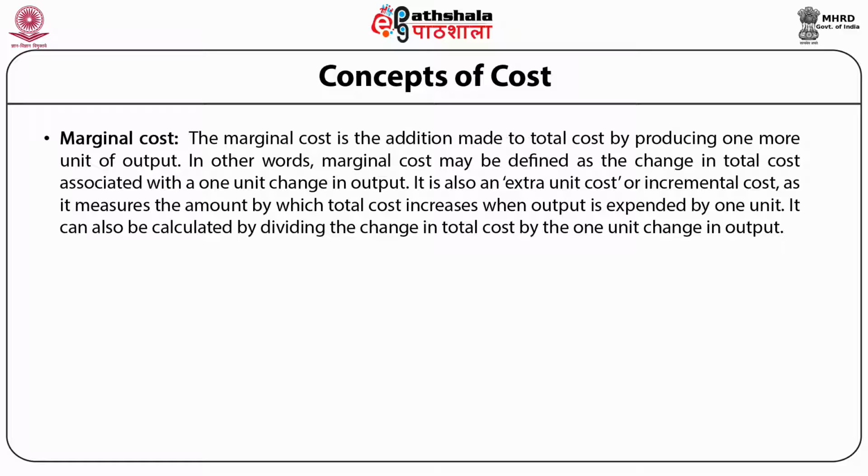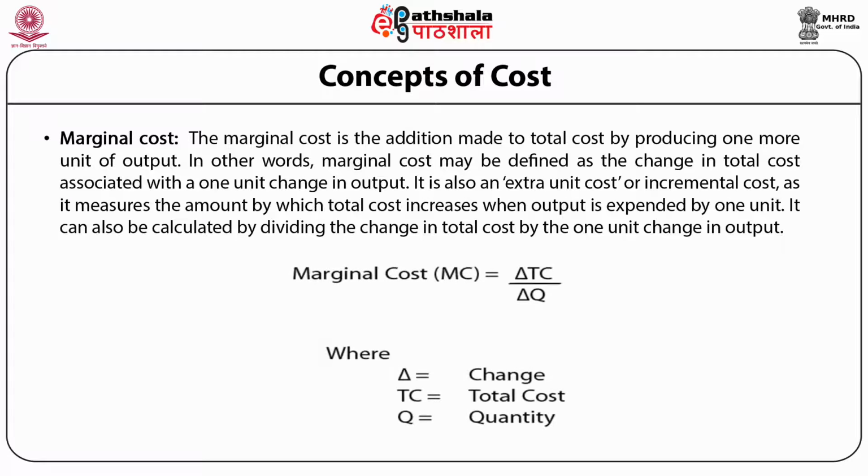It can also be calculated by dividing the change in total cost by the 1 unit change in output. Symbolically, marginal cost is equal to change in total cost divided by change in quantity.